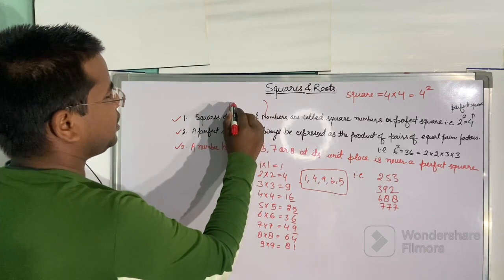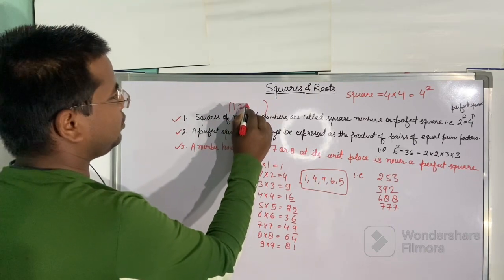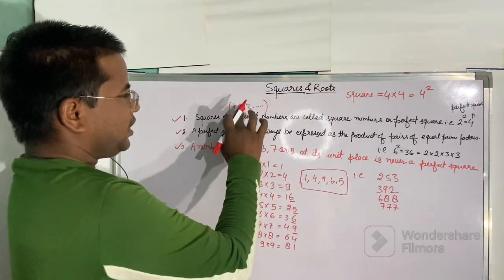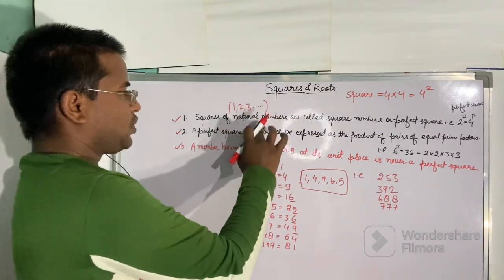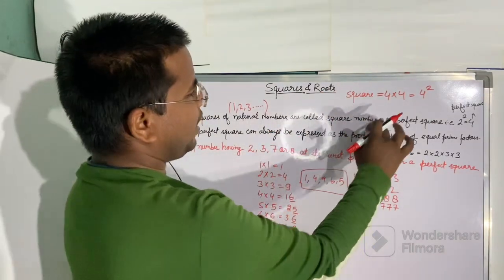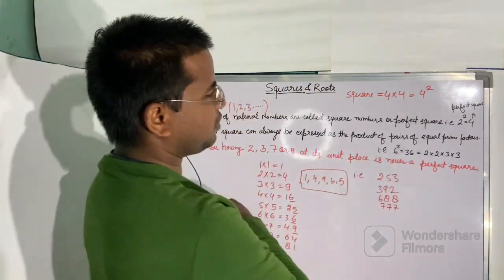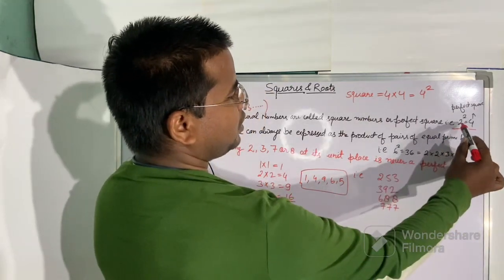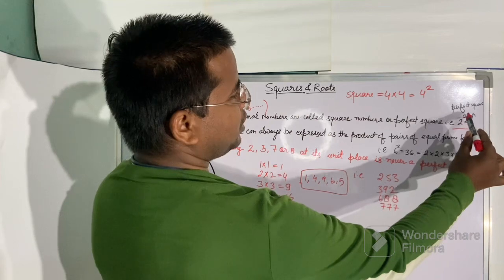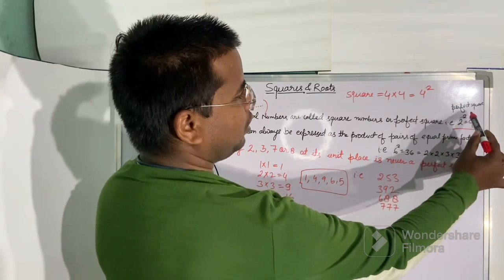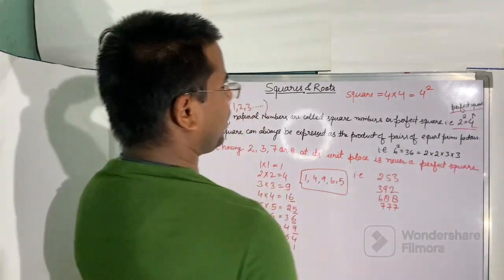Natural numbers are just counting numbers 1, 2, 3, and so on. The squares of these natural numbers, 1 square, 2 square, 3 square, up to 100 square, are called square numbers or perfect squares. For example, 2 is a natural number, so its square, 2 square, is 4. So 4 is called a perfect square.